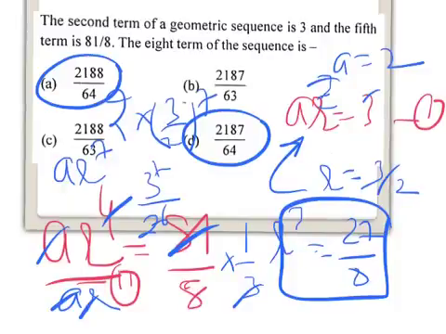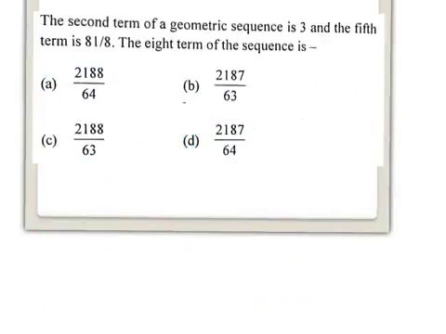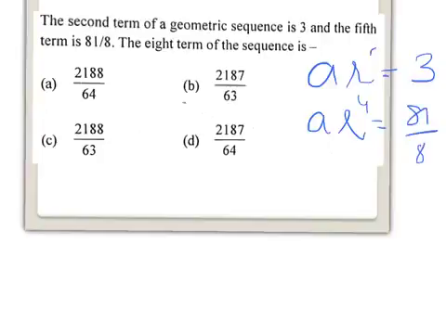Alright, let me do this question again एक बार. Fine. Second term, which is a into r, is 3. Fifth term, a into r to the power 4, is 81 by 8. Fifth divided by second, I'll get r. Two equations, two things to find, a and r. I can find those answers.